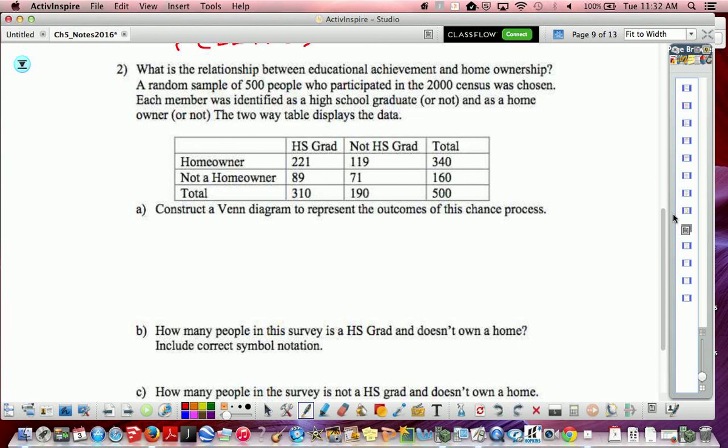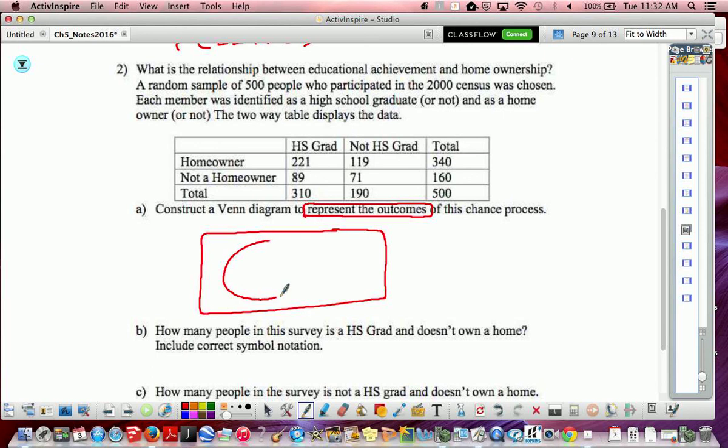So in this case, it doesn't actually ask you to do the probabilities, but it asks you to do the outcomes. So instead of writing the probabilities, we're going to actually write the numbers, kind of like it was displayed with the gender and pierced ears. So Venn diagram, two circle time.